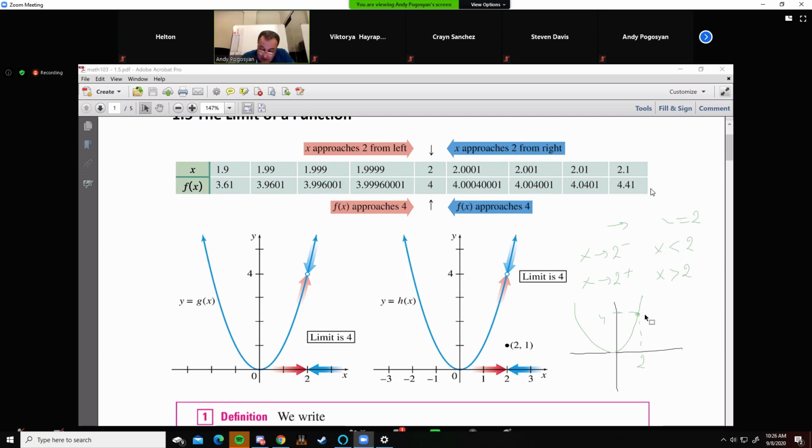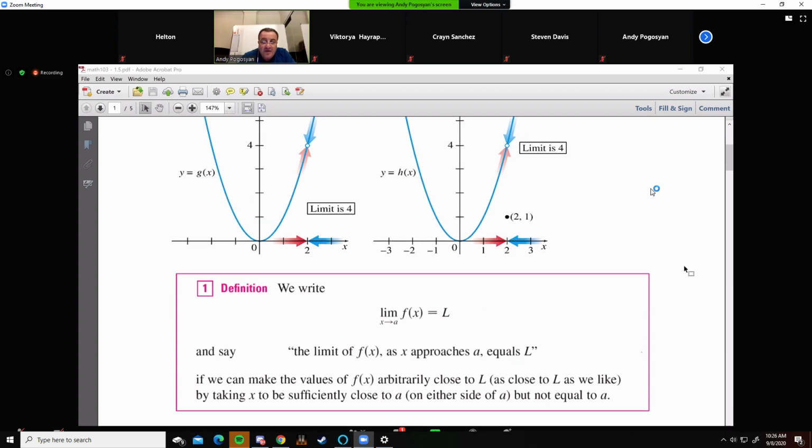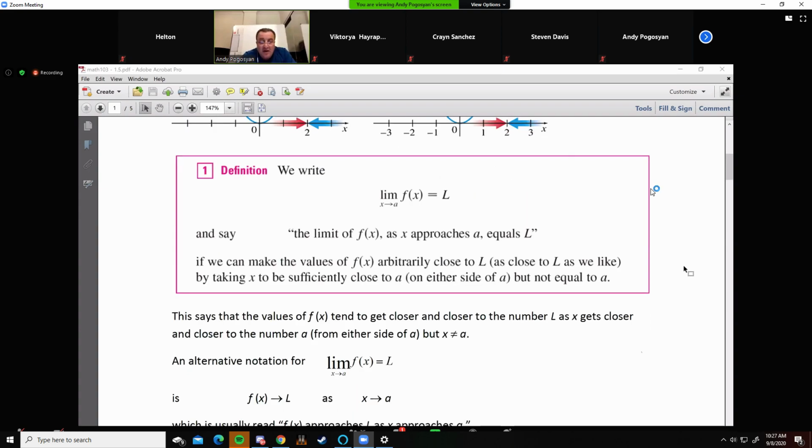Now, what do we understand by saying the limit of the function when x approaches a certain value? The definition is this. The limit of f of x as x approaches a equals L means we can make the values of f of x arbitrarily close to L, as close to L as we like, by taking x to be sufficiently close to a on either side of a, but not equal to a.